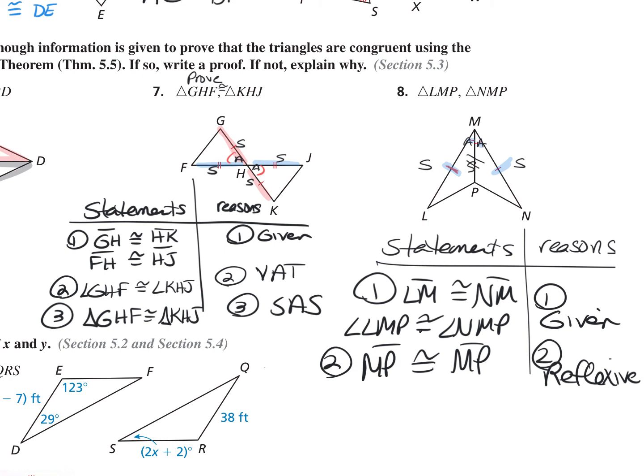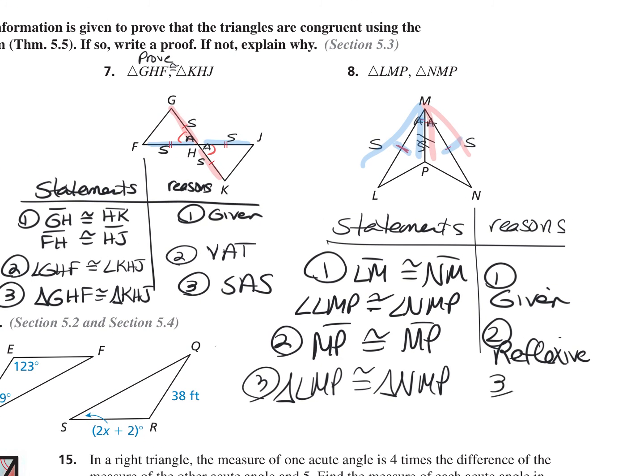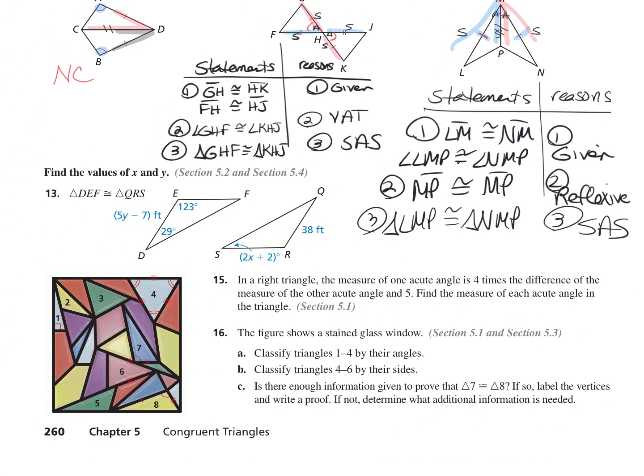I now have side, angle, side, and then over here, side, angle, side. So I can state that triangle LMP is congruent to triangle NMP, and that reason is side, angle, side. Okay, so then they have just some more practice.